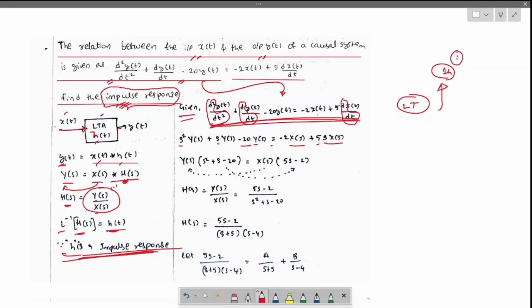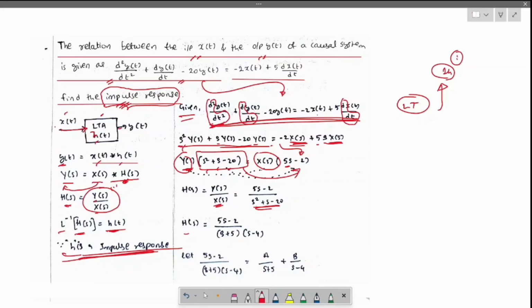From this take y(s) common, then we are left with s² + s − 20, and here take x(s) common, then we are left with −2 + 5s. Taking y(s) to the bottom and x(s) on top, this term will move into the right side.